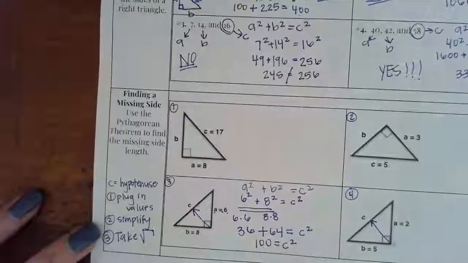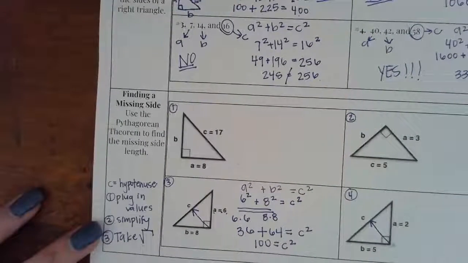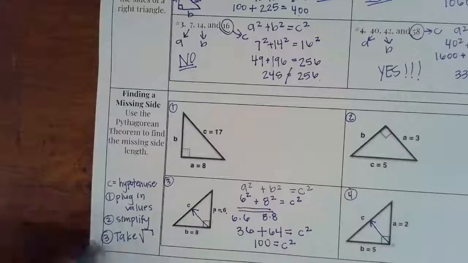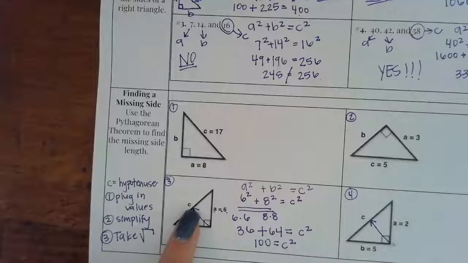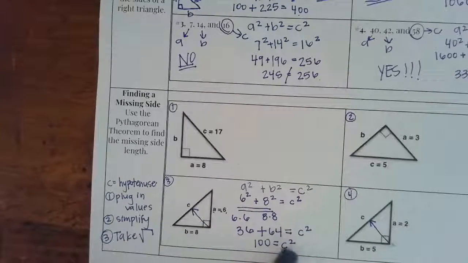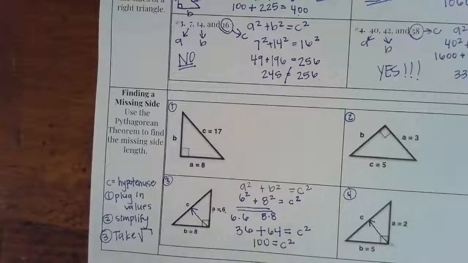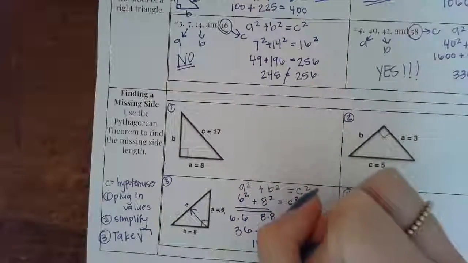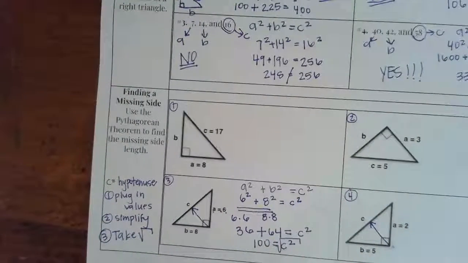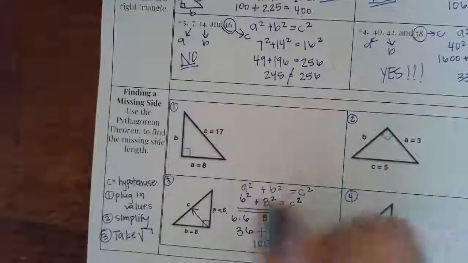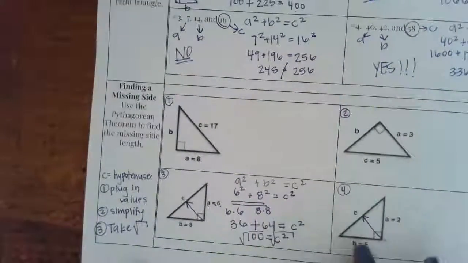Okay, why do we have to take the square root? Well, we have to take the square root because we're looking for c, and right now we have c squared. So in order to undo a square, the inverse of a square is to take the square root. So what that means is I'm going to take the square root of c squared, and I'm going to take the square root of 100.